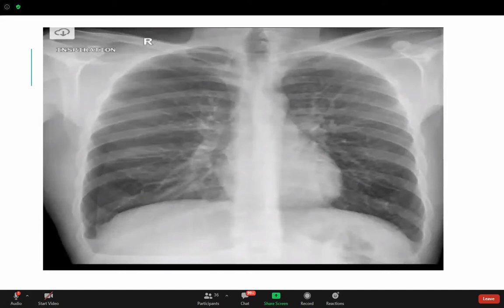Someone is asking, is there a right pneumothorax? You tell me. You help me interpret this X-ray. I don't have access to the X-ray. I don't see it. Tell me what's the abnormality there. Help me out, guys.